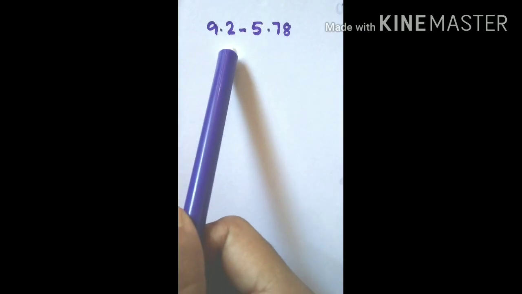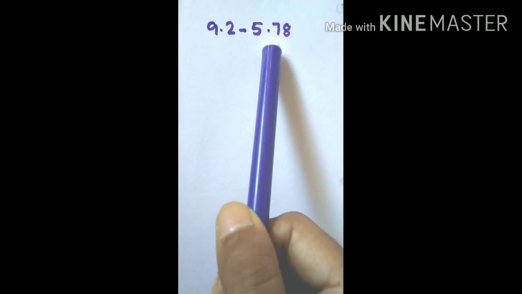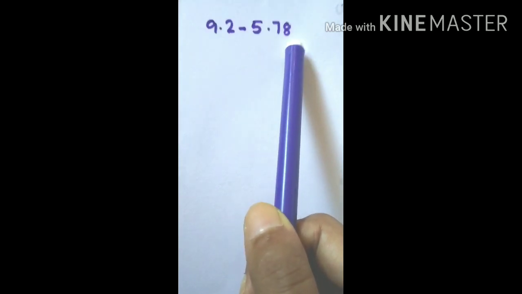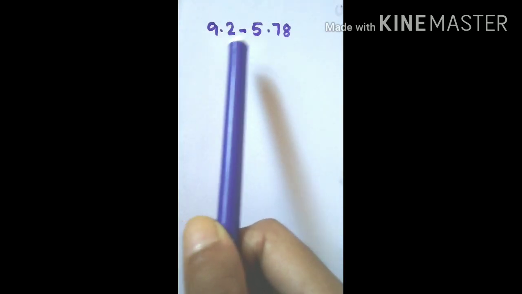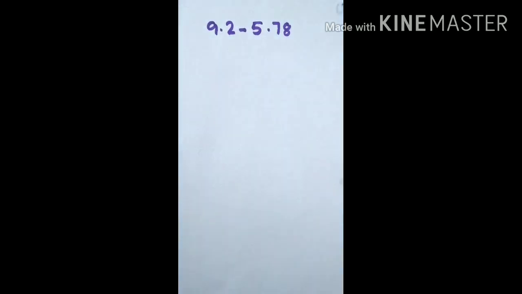Students, 9.2 has only one decimal place, whereas 5.78 has two decimal places. So, these two decimals are unlike decimals. So, first we will change the unlike decimals to like decimals and then we will subtract them.